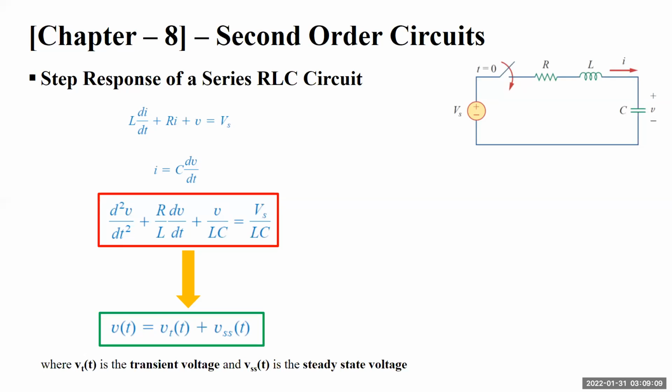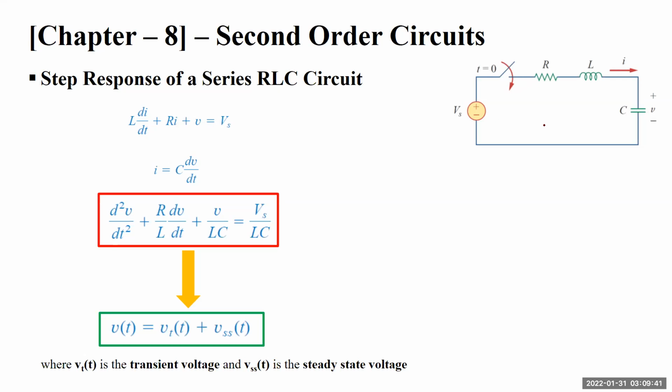When switching takes place, as we see here in our switch at time t equals 0, it may close or it may open, and a source is involved with this circuit after the switching. So let's see how this sort of second order circuit behaves, how we develop the differential equations for this sort of circuit, and how we solve them.